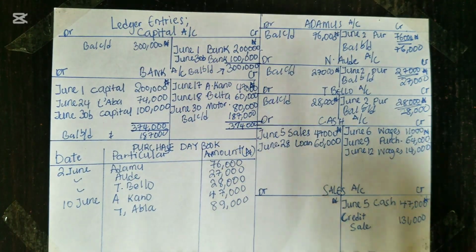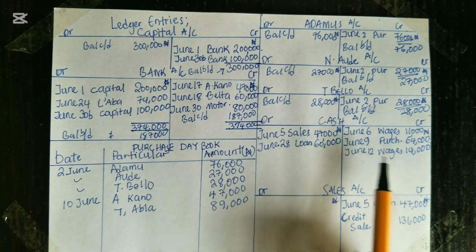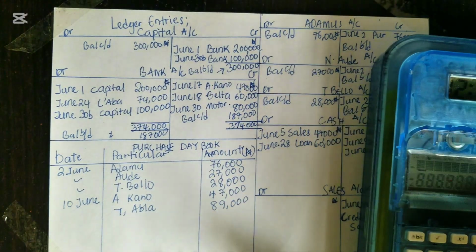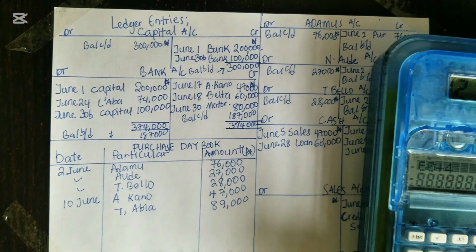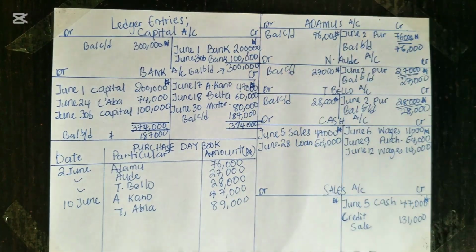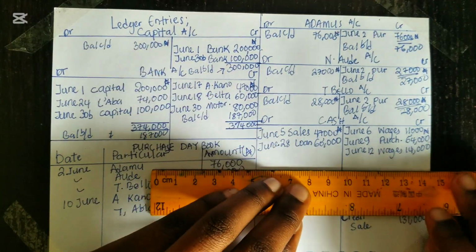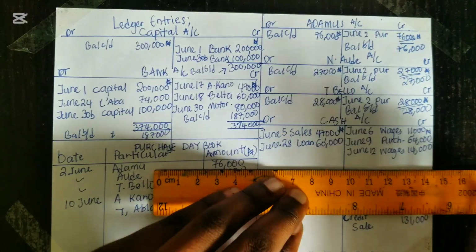So for cash, the debit side has to be always more than the credit side. So now we have to do that. 60,000 plus 47,000 is what? 107,000.